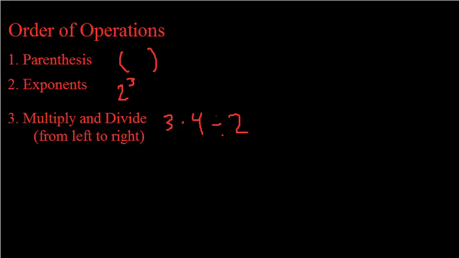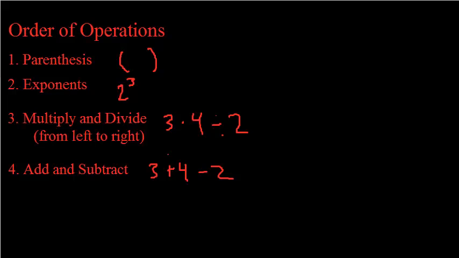Fourth, I add and subtract. So this, 3 plus 4 minus 2, something like this. Again, I would want to add and subtract all of these in the same step. Now this, it doesn't really matter if I go from left to right. I could take 4 minus 2 first, and then add it to 3, or 3 plus 4, and then subtract 2.